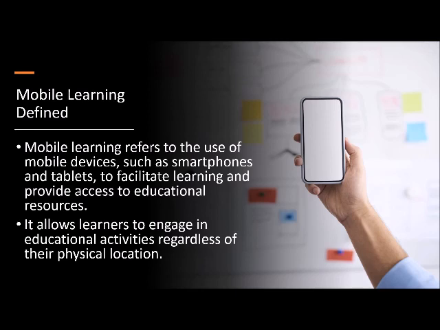So mobile learning is the utilization of portable devices, as I have said earlier, smartphones and tablets, to support learning and grant individuals access to educational materials. It allows learners to engage in educational activities anytime and anywhere, enabling flexible and personalized learning experiences.